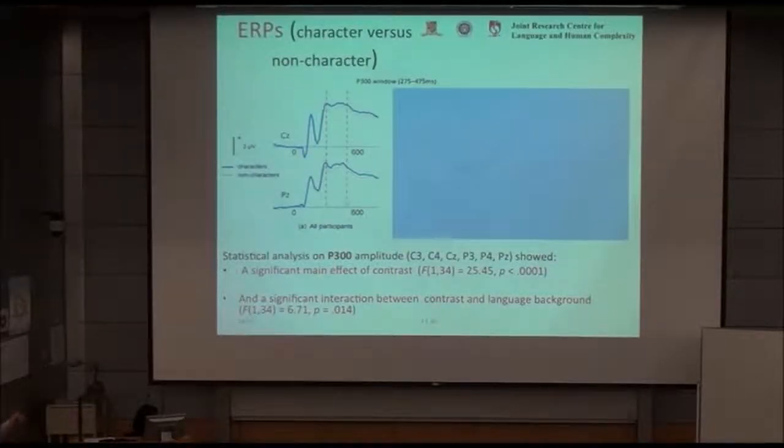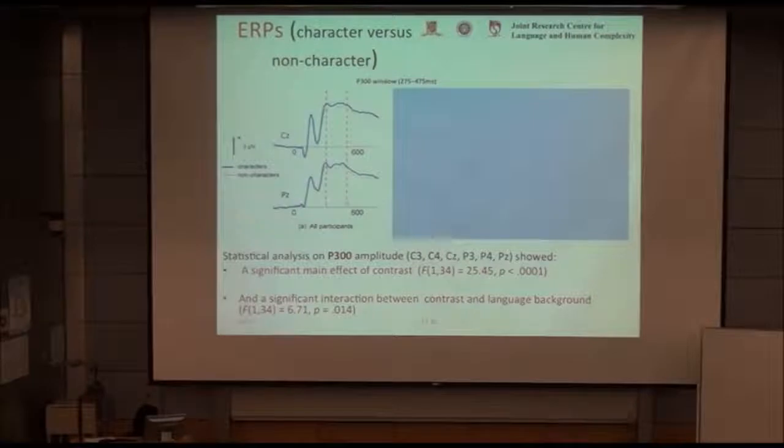So in terms of ERP, actually, there is a significant difference in this time window. We call it the P300 component. The blue line is the ERP curve for the real characters.